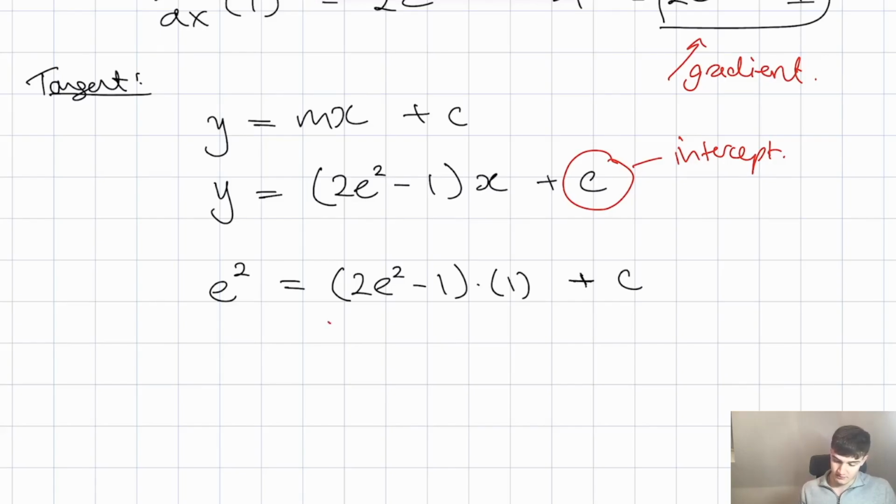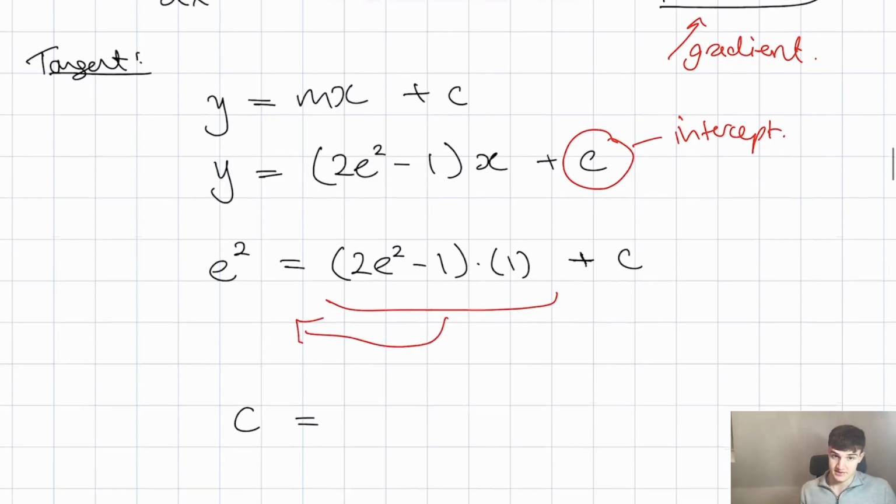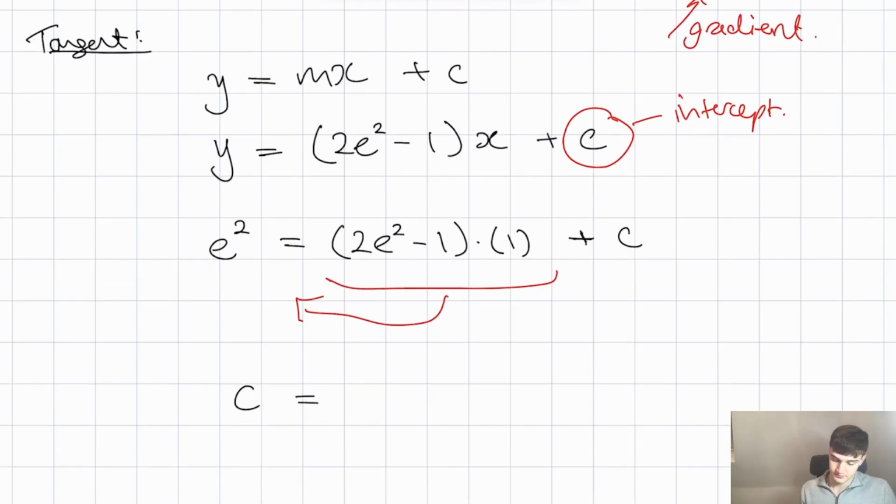So if I put this over to the side, I'm going to get c is equal to e squared minus 2e squared, and then if I keep it in brackets for now, so I've minused that off, which is going to give me 1 minus e squared.